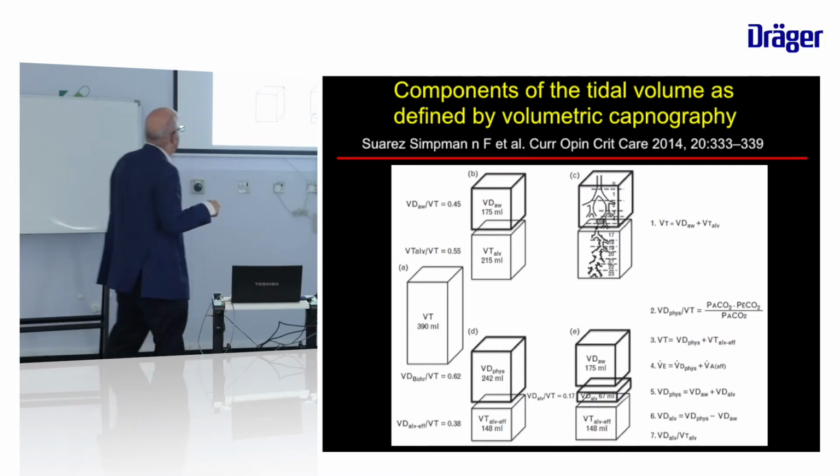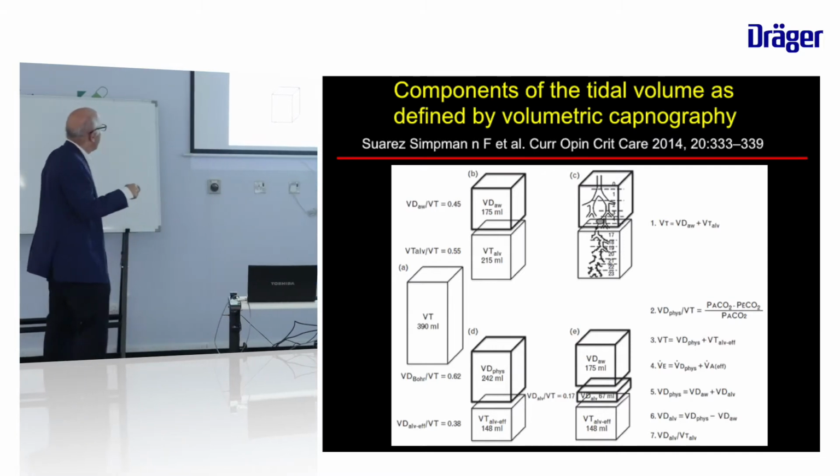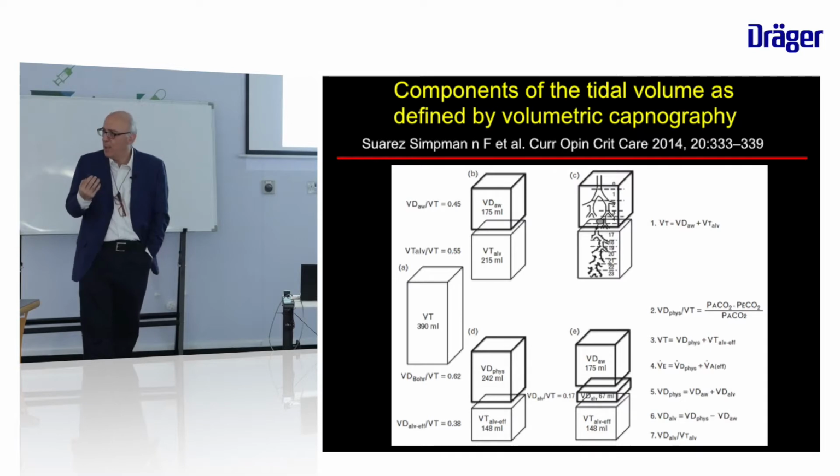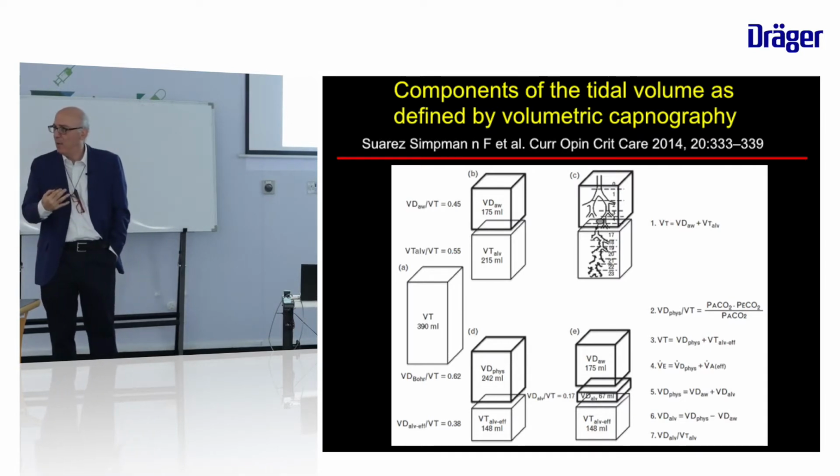This is just an example. You see here, for example, we have a tidal volume of 390, which is the sum of the physiological dead space and the effective tidal volume. And you see that the physiological dead space is made up of the anatomical dead space and the alveolar dead space. In this way, you can separate all the different components of the tidal volume.